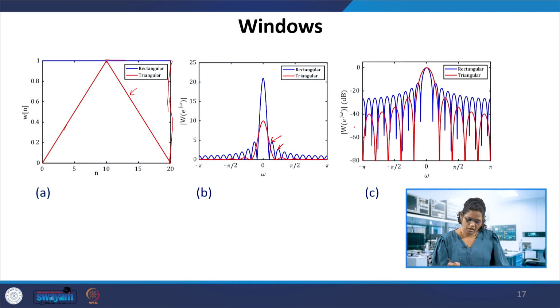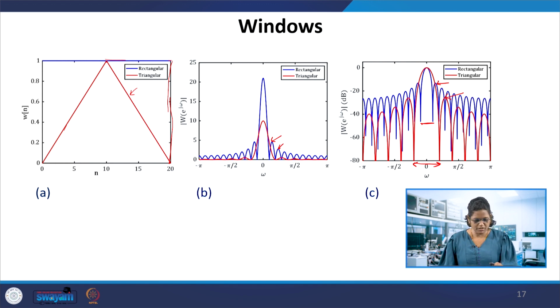We can observe it better in log scale, in dB. If we take the magnitude response in log scale, this rectangular window has a side lobe of minus 13.3, and this is far below that. You can see the ripple reduction, but the main lobe width is increased without increasing the number of samples or anything.